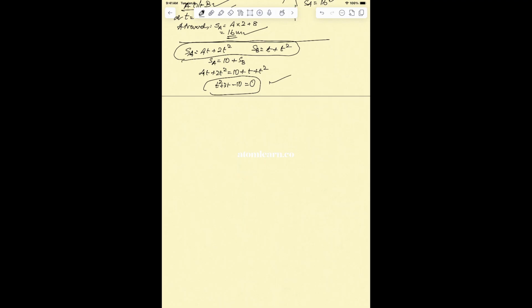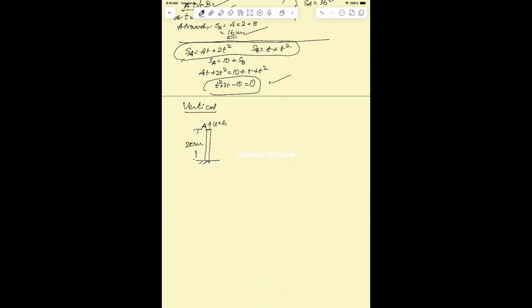Let's take this example for a vertical situation. This is the ground, and there is a tower 20 meters high. From the top of the tower, object A is vertically thrown upwards with an initial velocity of 6.